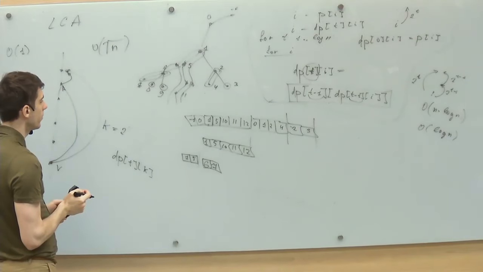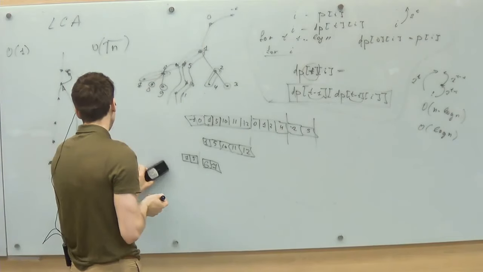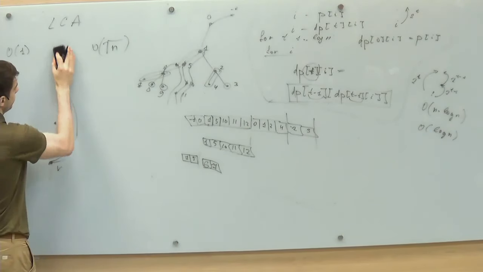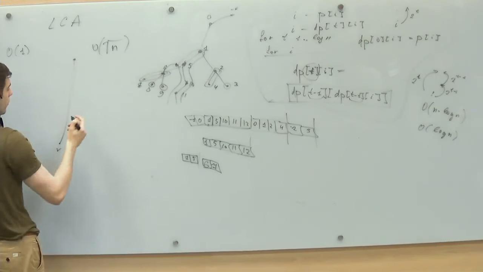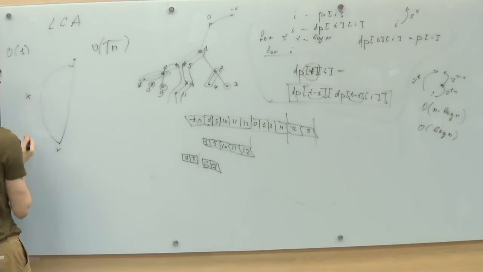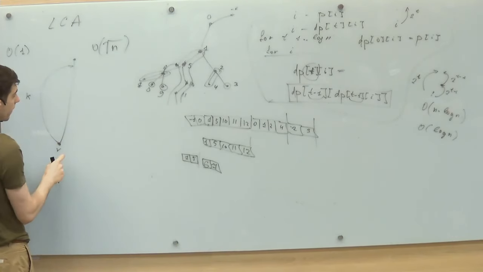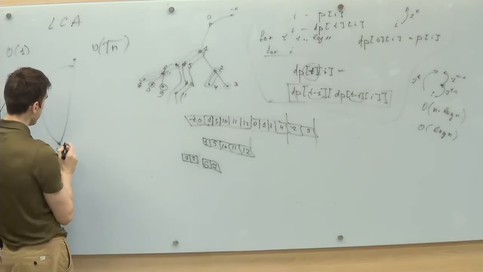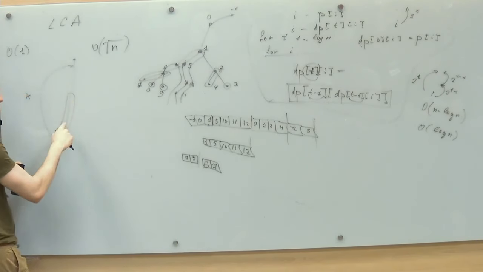And why are we doing so? Because once we will have some query. So imagine we have some vertex V, and we have to go up to the P. And let's assume that we will look at the path in the decomposition of our vertex V. It may appear that our ancestor is not in this path.